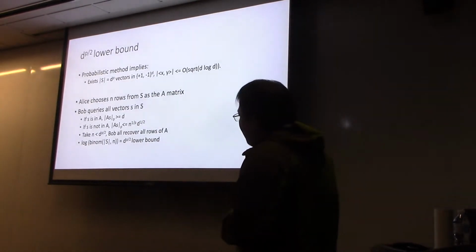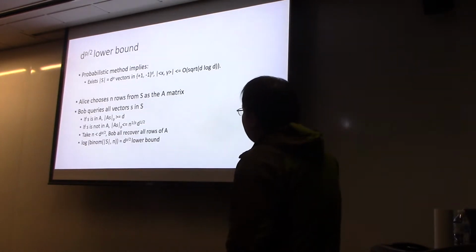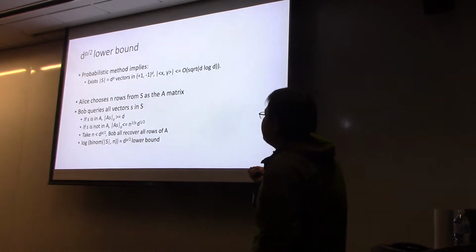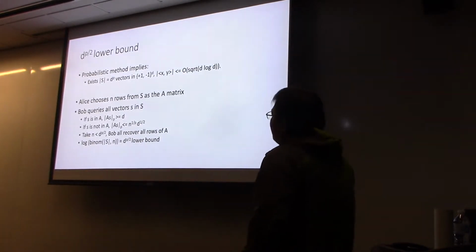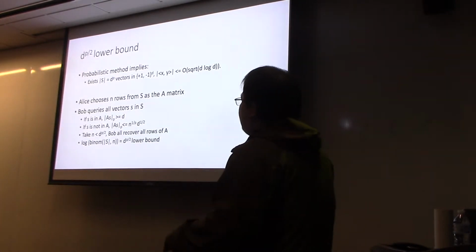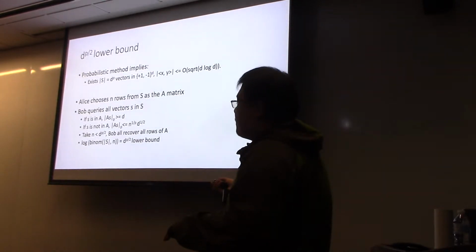How does Alice design this A matrix? She chooses n rows from the set of vectors we constructed using the probabilistic method as the rows of this A matrix. Now let's consider what will happen if Bob queries all the d^p vectors we have constructed.